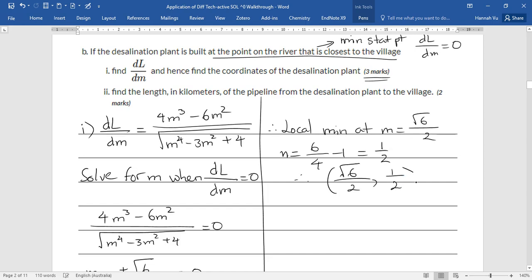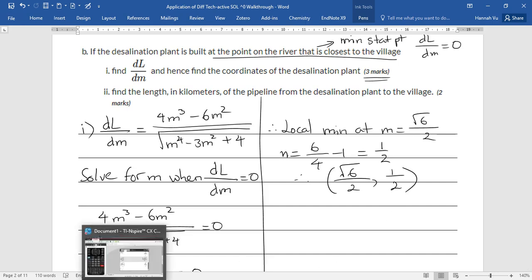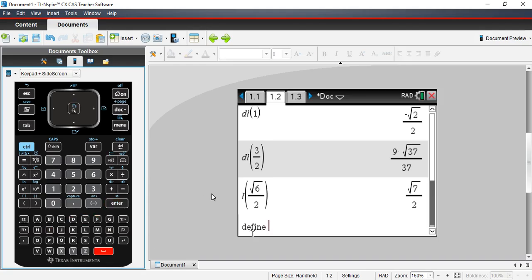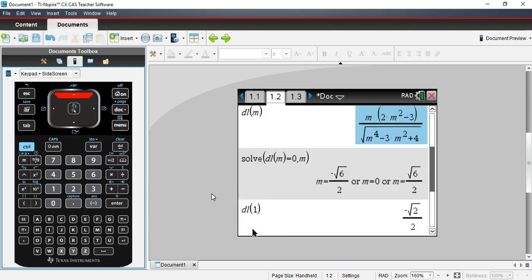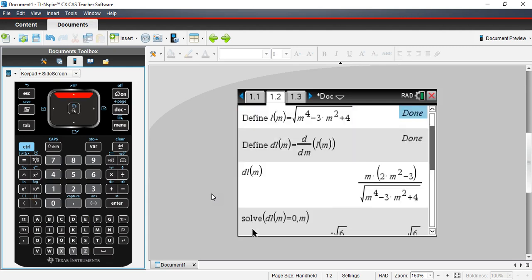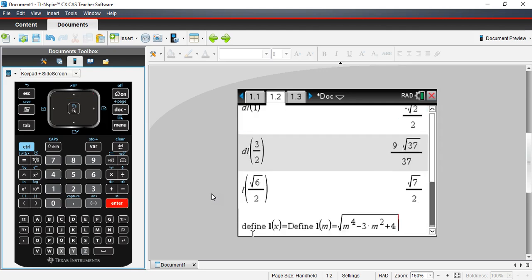And just because we want to check that this is actually the lowest point in the graph, all right, fine, I'm doing this again. Define L of x. I think we'll be fine. It won't take too long. I just need to fix the variable so I can actually sketch.